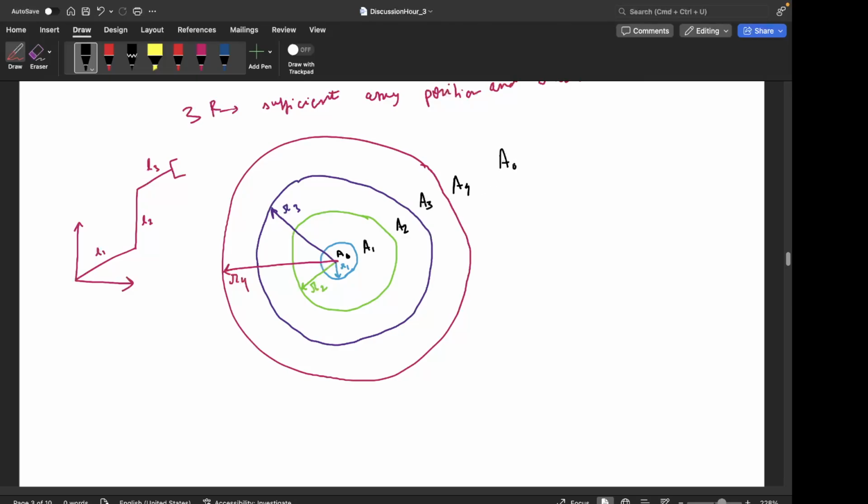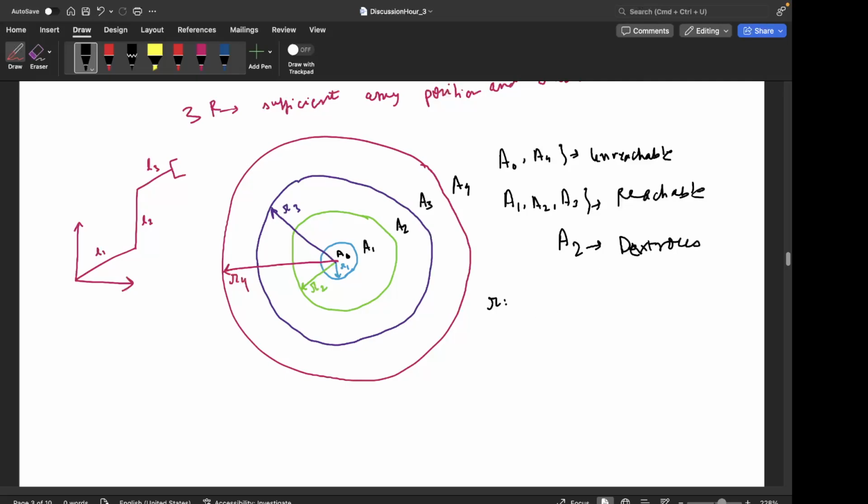So A0 and A4 are unreachable. All of A1, A2, A3 are reachable, and A2 is dexterous, right?